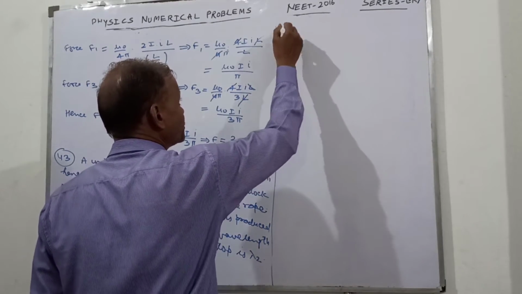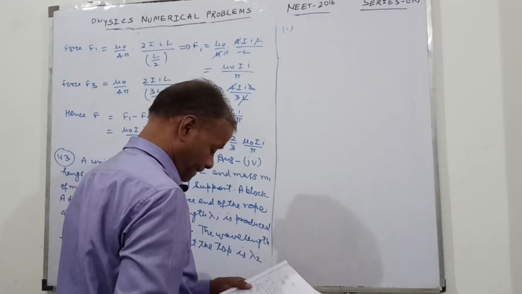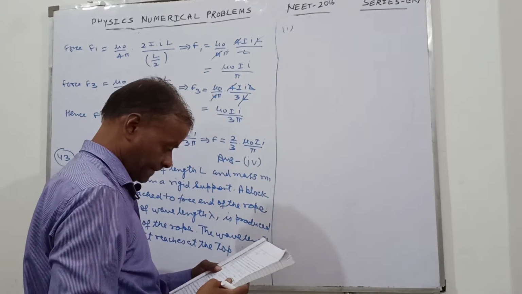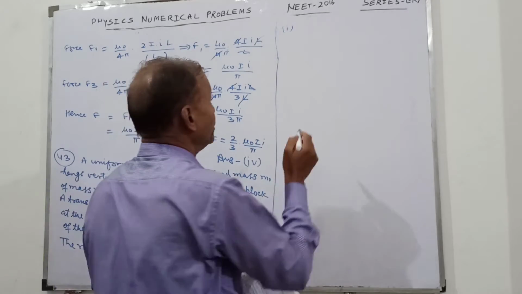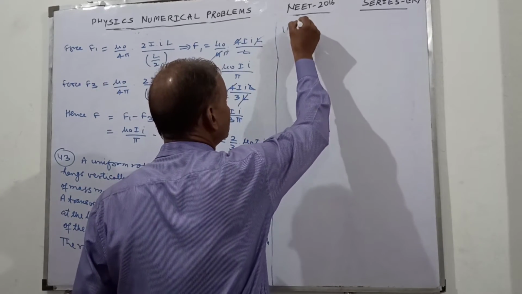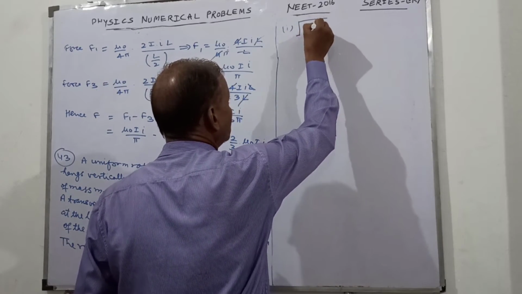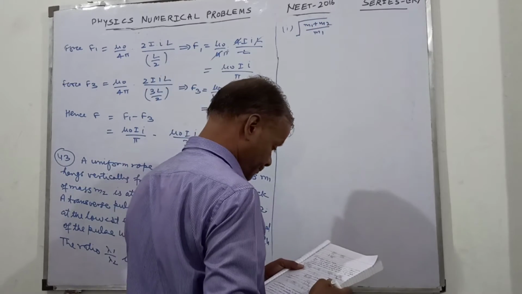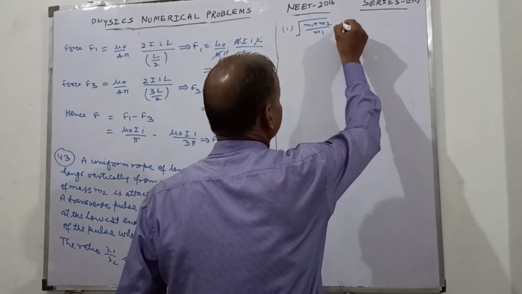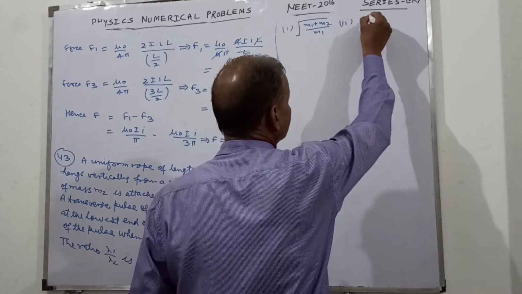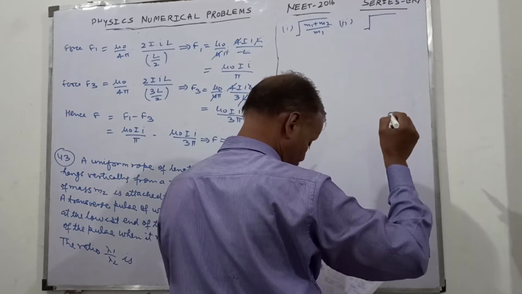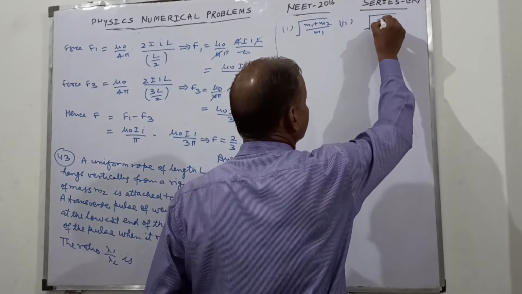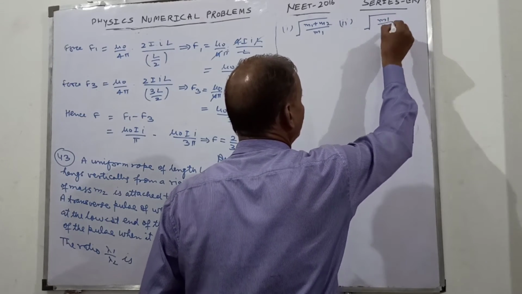Now the options are: first, square root of (m1 plus m2) upon m1. Second is square root of m1 upon m2.